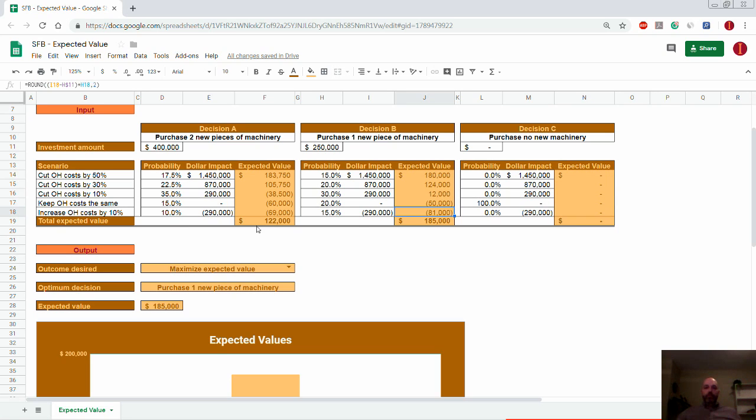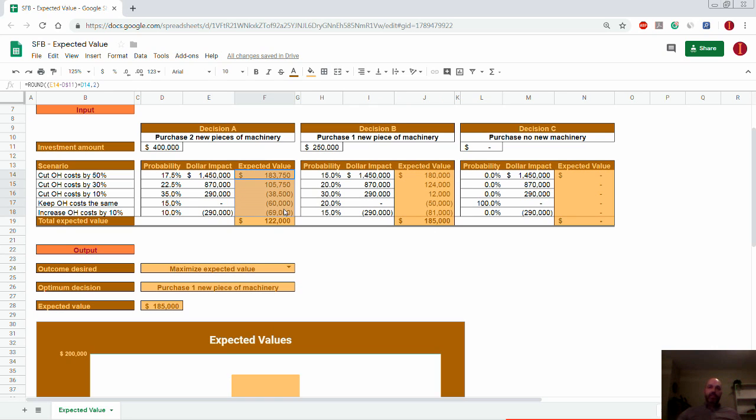And what happens down here, total expected value, is just the sum of all the expected values above. Okay? So all of our probabilities in there for each scenario and the expected value for each scenario, and this is why we need 100% in probabilities, so we cover each scenario, we have our expected value.